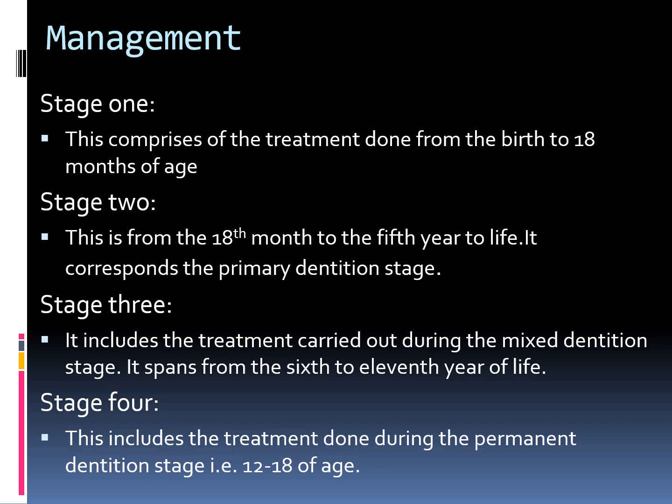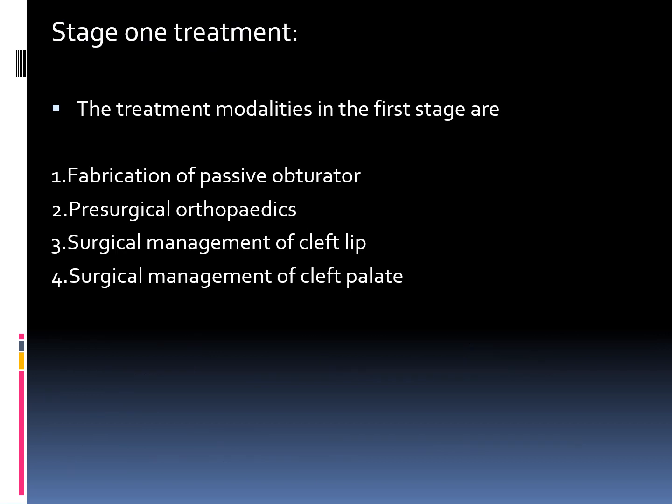Stage 2 is from 18 months to 5 years, which usually involves primary dentition. Stage 3 includes treatment carried out during the mixed dentition stage, from 6 years to 11 years of life. Stage 4 includes treatment done during the permanent dentition stage, from 12 to 18 years.